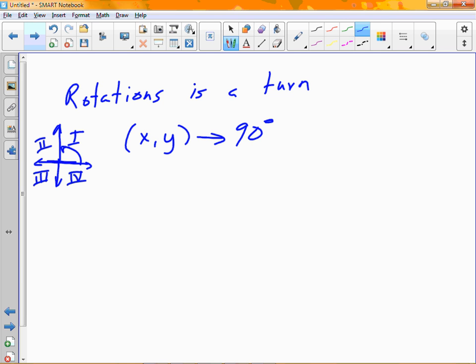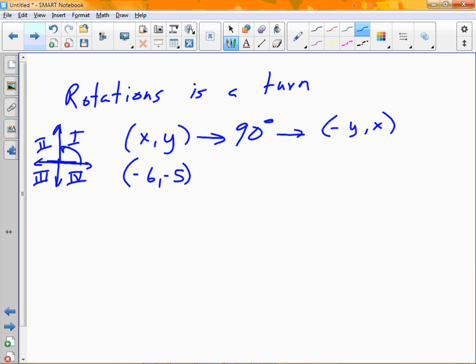If I rotate it 90 degrees, then it maps to negative y, x. Now, does that mean I can only move from the first quadrant to the second quadrant? No, guys, I could start anywhere. If I started here at negative 6, negative 5 and rotated it 90 degrees, this would be the negative of a negative 5.